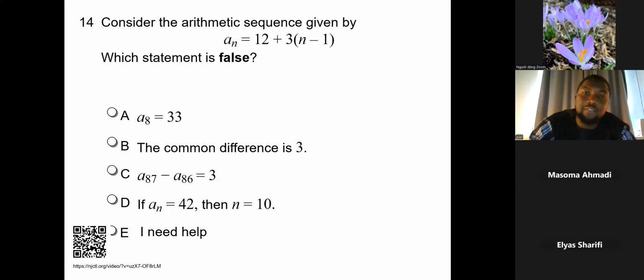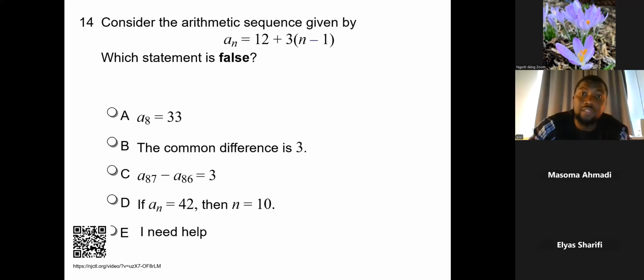A8, the 8th term of the sequence. Let's check it. I confirm. One moment. 7 times 3 is 21, not 27. 7 times 3 is 21. 21 plus 12, that is 33, which is correct, which is accurate.